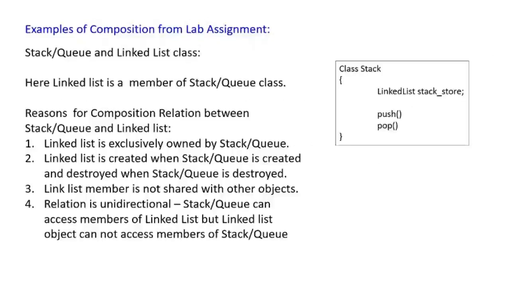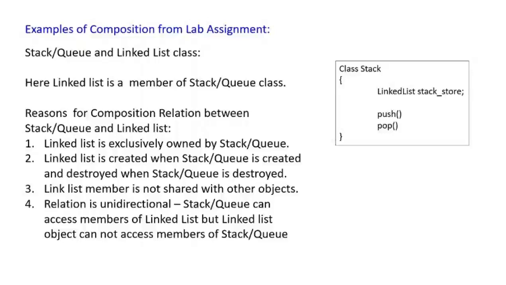Another example of composition that we have taken in lab assignments is the stacks and queues example. Stacks and queues internally have a linked list in which they keep their data. Here the linked list is a member of the stack and queue classes. The reason for the composition relation between stack and queue and linked list is that the linked list is exclusively owned by the stack or queue.